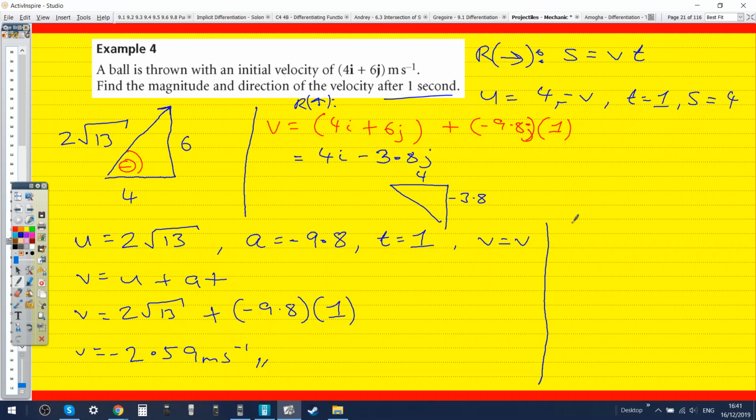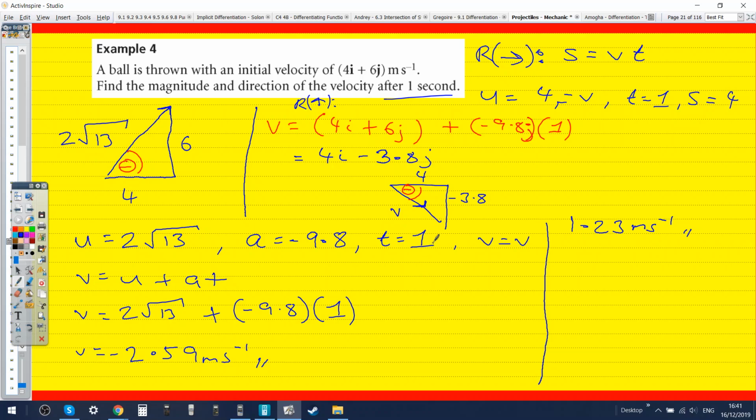I got 1.23, maybe meters per second. And how about the direction? Would it be going downwards? So they want the angle, this theta angle in the triangle. Could we use the sine rule?